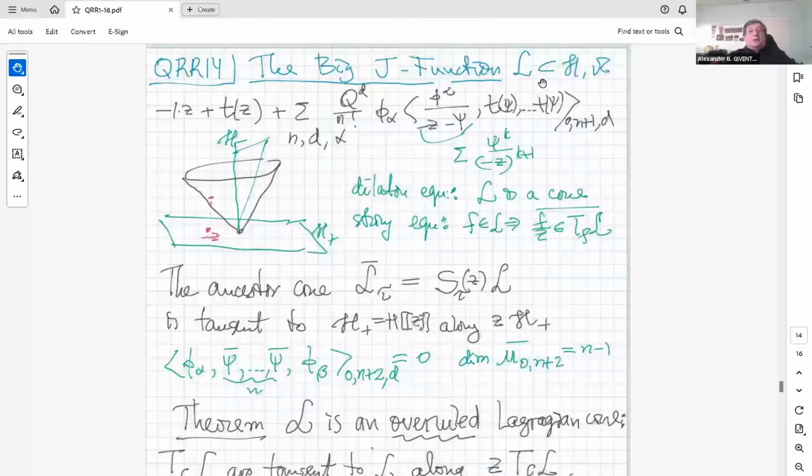Okay, so again, there is this loop space. It's a Laurent series in z with vector coefficients in cohomology. The target space is equipped with a symplectic form, and there is a Lagrangian. In this picture, H plus is the power series part and H minus is the principal part of the Laurent series.